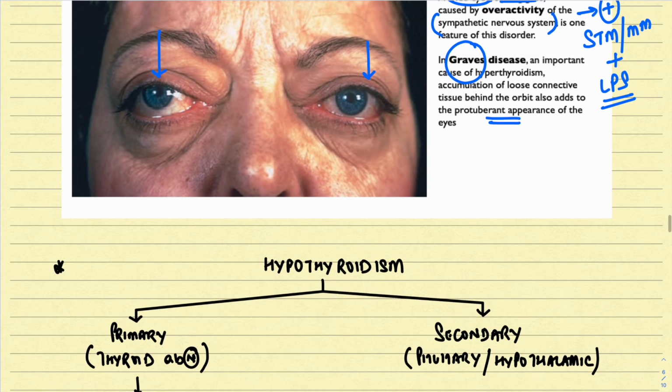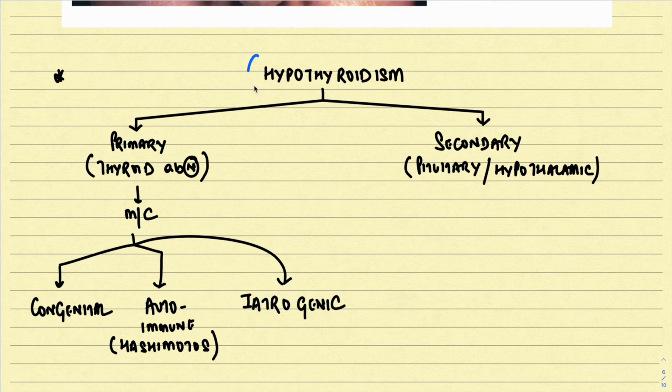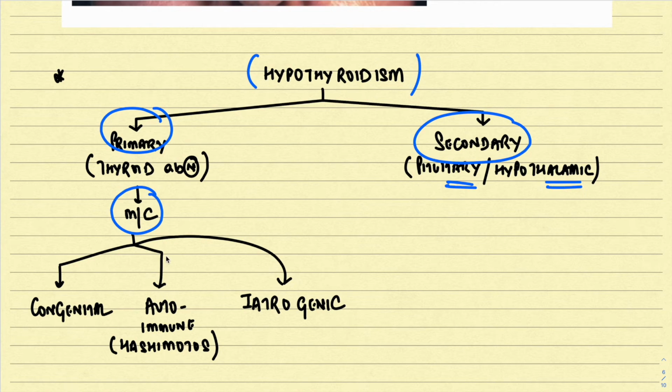If you look at hypothyroidism, just like the hyperthyroidism, we have to understand that it can be divided into two headings. It can be primary, where there is an intrinsic abnormality in the thyroid gland, or it can be secondary, wherein the cause is either the pituitary gland or the hypothalamus. Primary hypothyroidism is more common as compared to secondary hypothyroidism, and it can be congenital or autoimmune in nature.